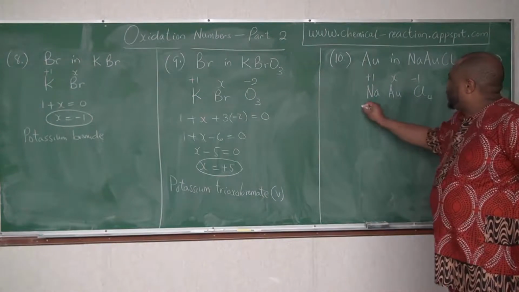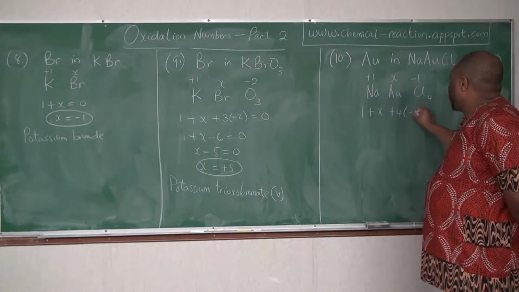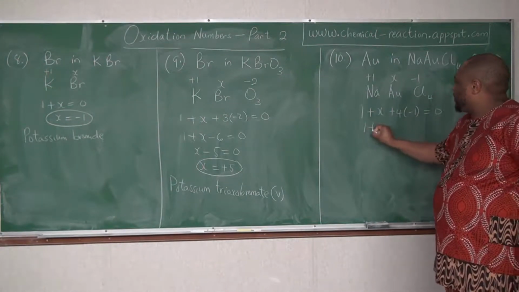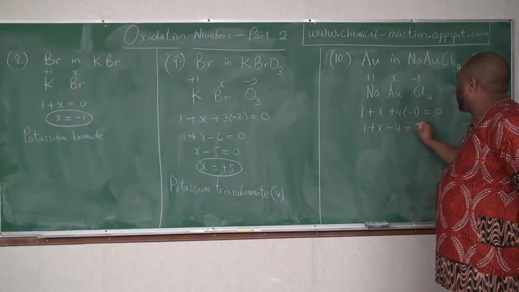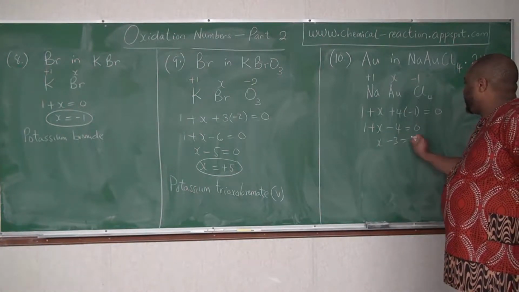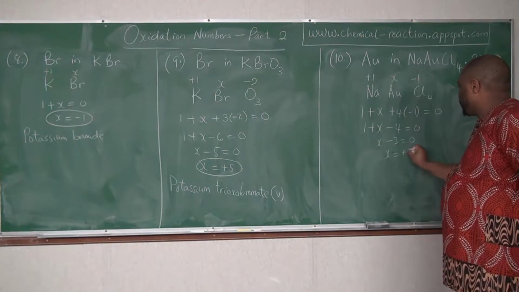So this will be 1 plus X plus 4 times -1 equal to 0. So 1 plus X minus 4 is 0, X minus 3 is 0. So X will be +3.